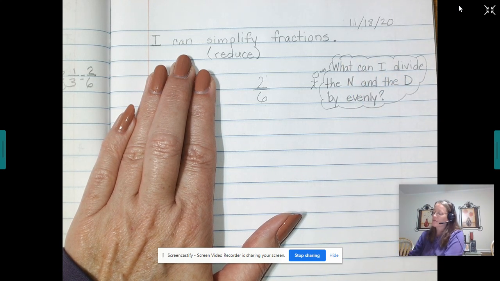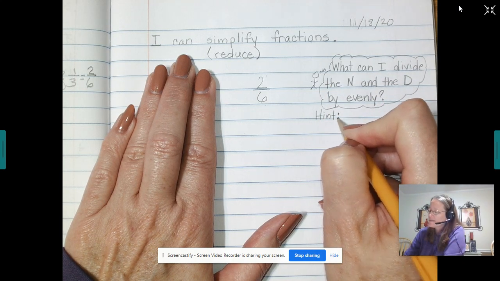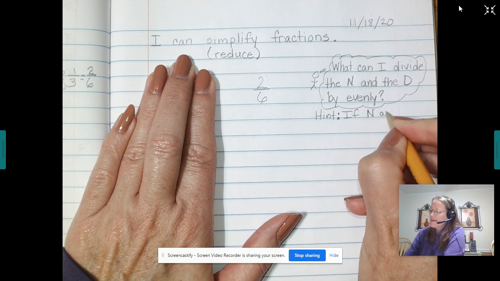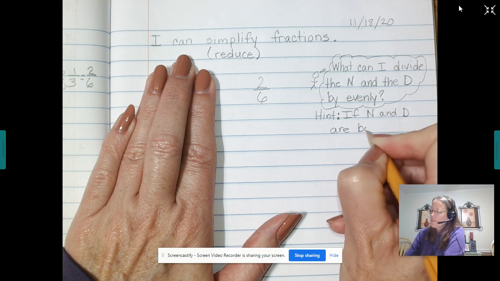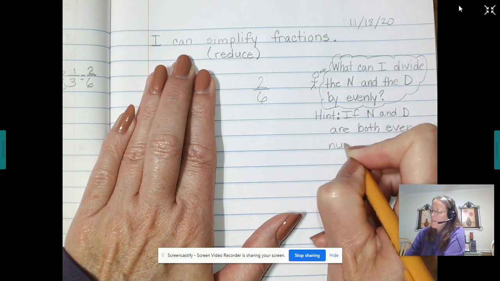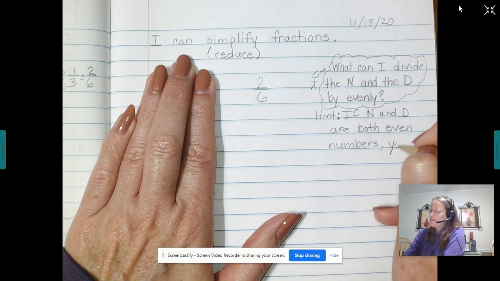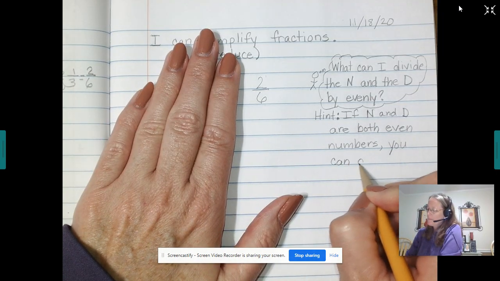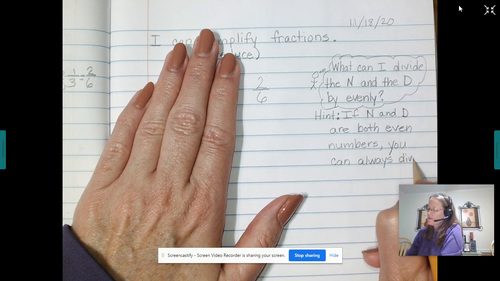Here's a hint. This is an important hint. If the numerator and denominator are both even numbers, you can always start by dividing by 2.